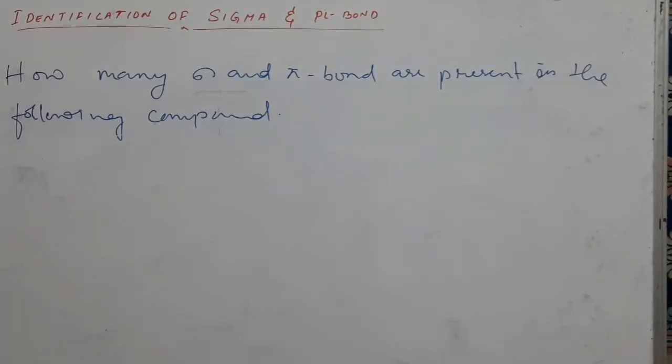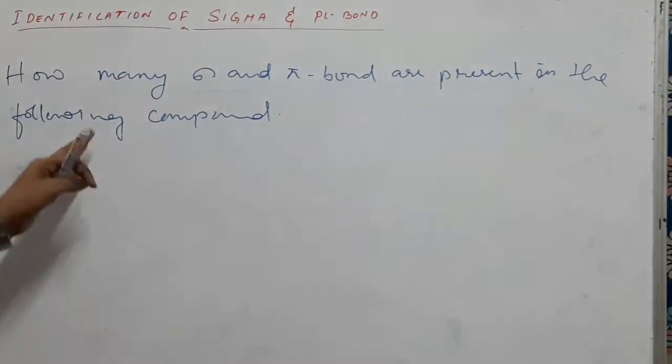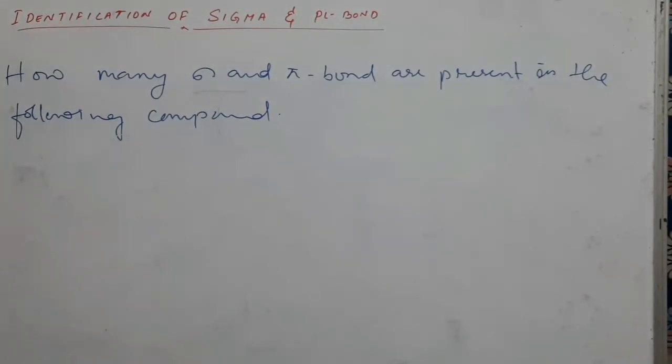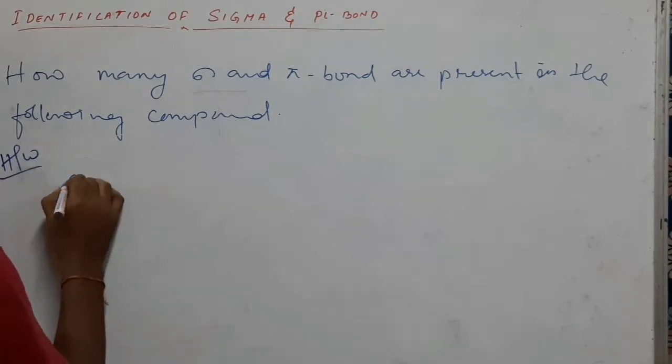Fine. So the homework is again the same question. Find how many sigma and pi bonds are present in the following compounds. The question is the same. So here are your assignments, that is homework. So you can take it down.